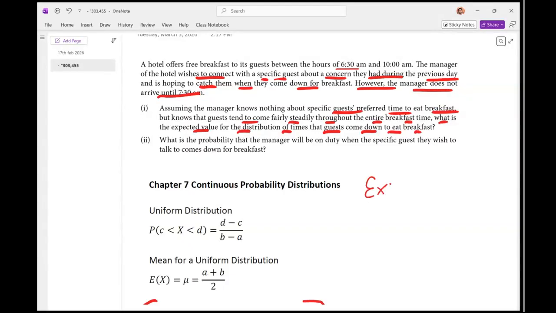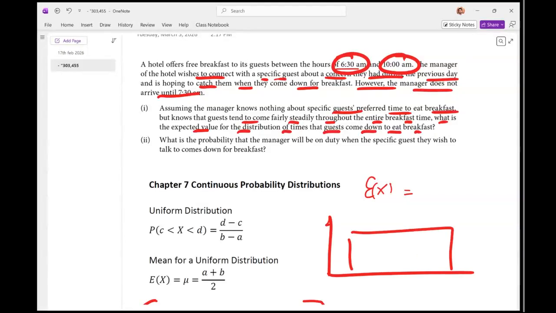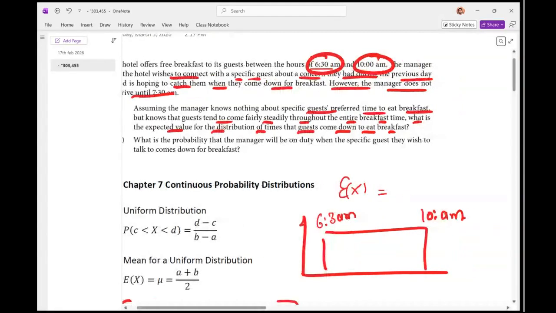Expected value, E(X), will be equal to bigger value plus smaller value divided by 2. So it is a uniform distribution question. So 6:30 a.m. to 10 a.m. Now, here is a tricky part when you are solving for time.